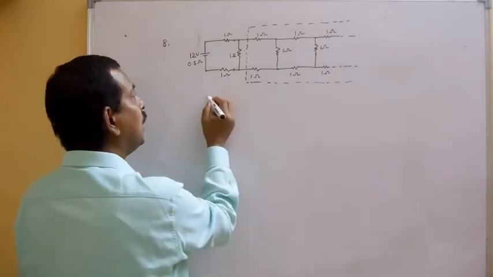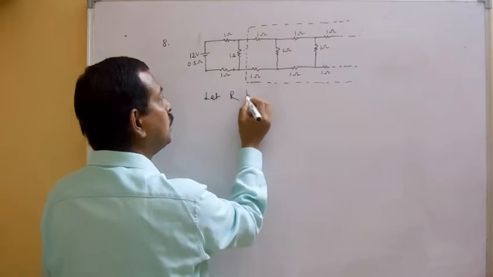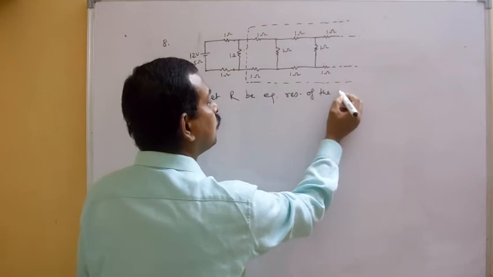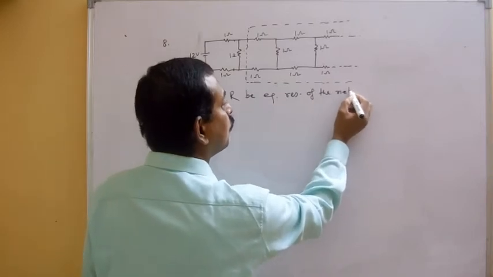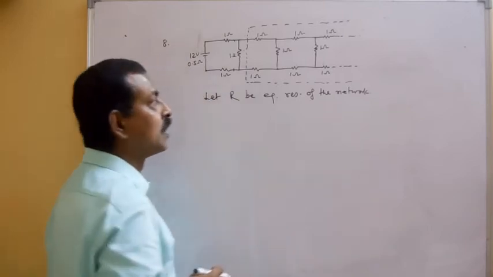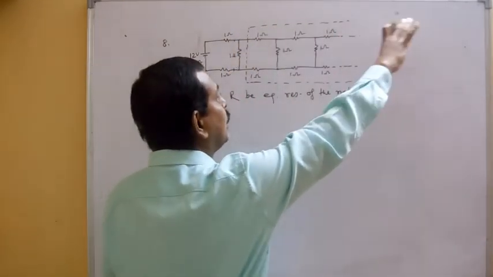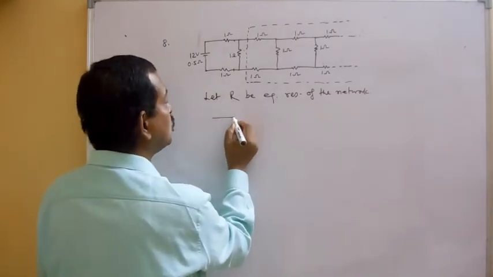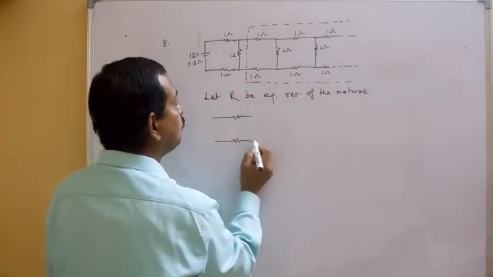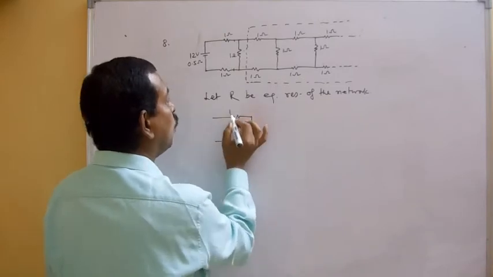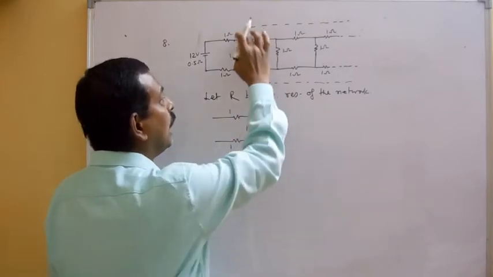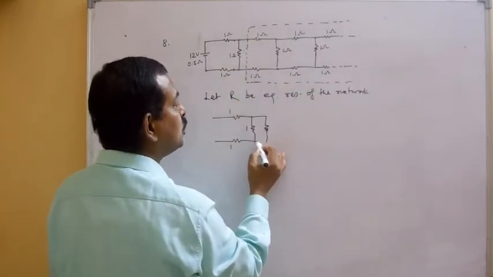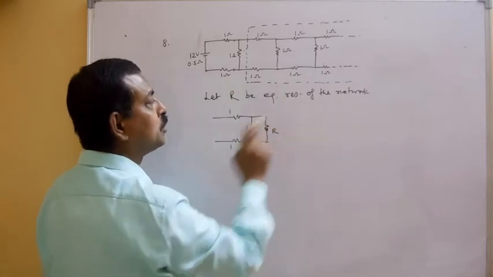So let R be the equivalent resistance of the network. If I take this as the infinite unit network having 1 unit less, then this distribution is now 1 ohm, 1 ohm, this is 1 ohm, and for this entire part we can take the resistance as R, which we have assumed is the equivalent resistance of the infinite unit network.